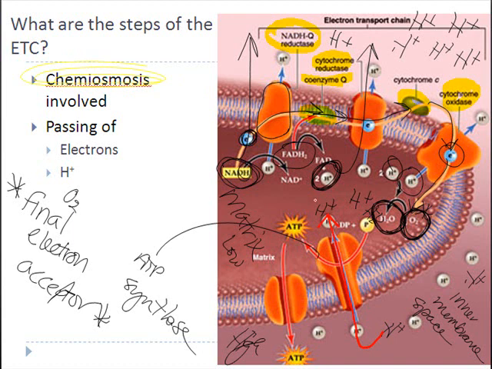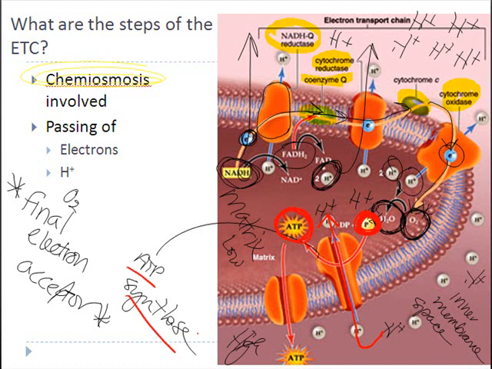And in the process of moving down their concentration gradient, they are going to be moving through an enzyme that helps to convert the energy of movement to attach a phosphate ion to ADP to make a molecule of ATP. And this enzyme again is called ATP synthase.